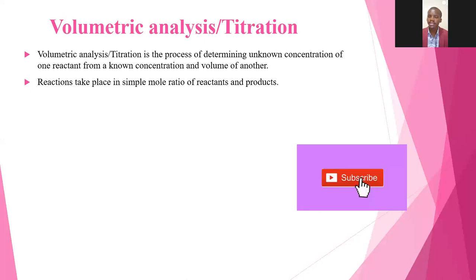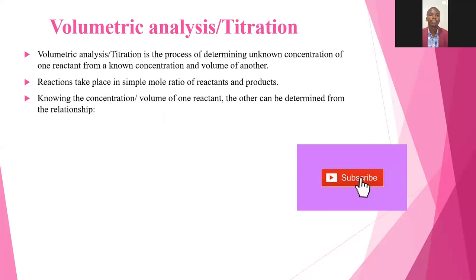Those products and the reactants bear simple ratios, meaning a stoichiometric equation, which balances the reactant and the product sides. That is just a matter of balancing the equation. Very good.